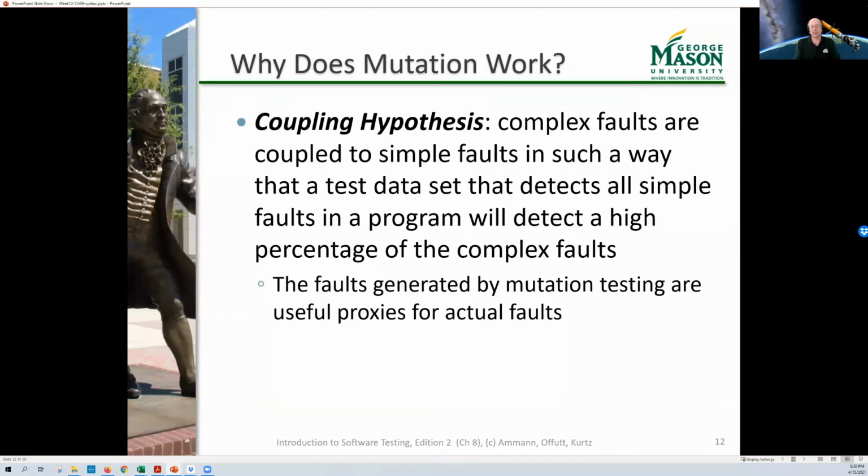They tend to cause us to generate tests that are effective at finding real faults, even though the real faults might be more complex. And so understanding those things, it starts to come into focus a little. Oh, all right, I'm starting to see how maybe that would be useful.